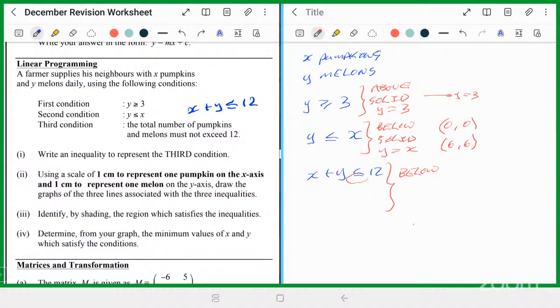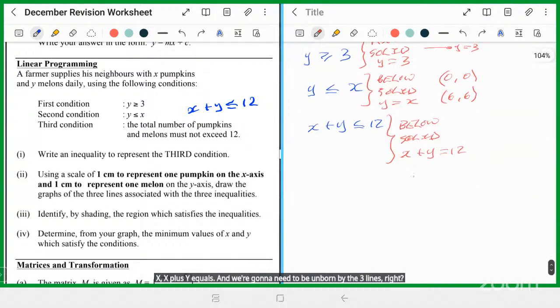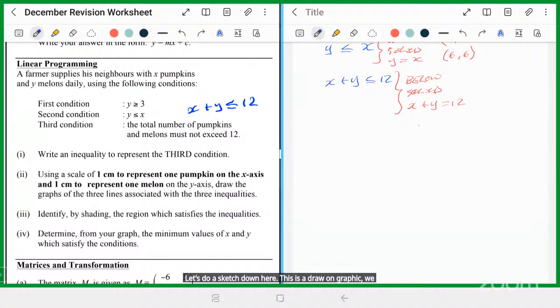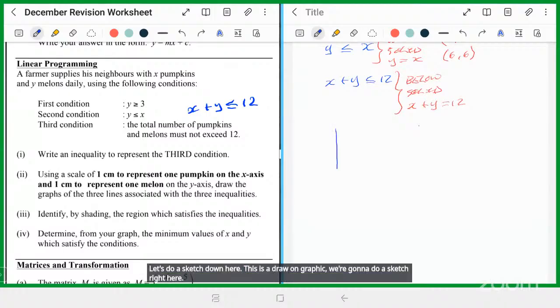The line drawn is the one associated with X plus Y equals 12. We're going to need the region bounded by the three lines, so let's do a sketch right here.